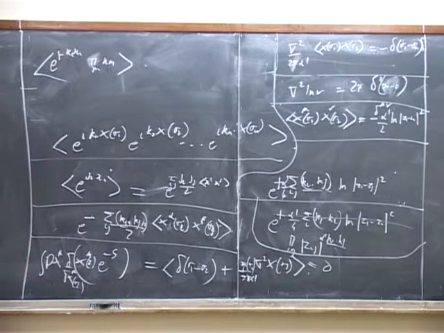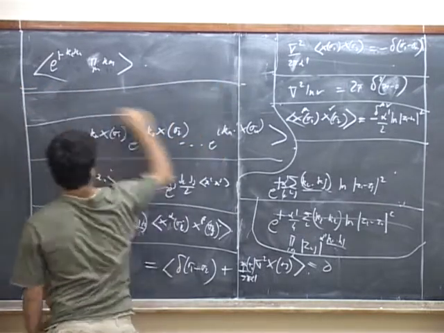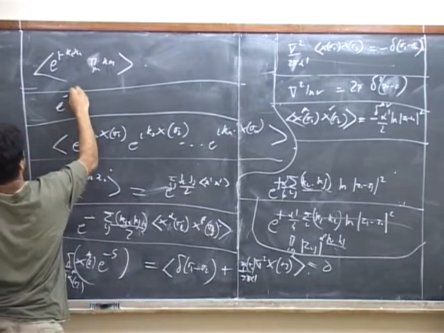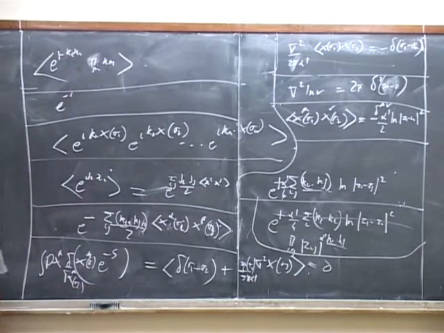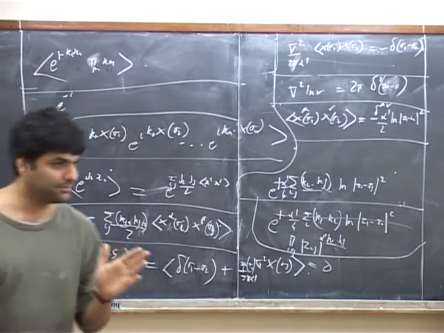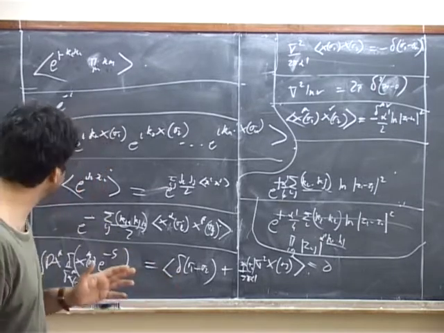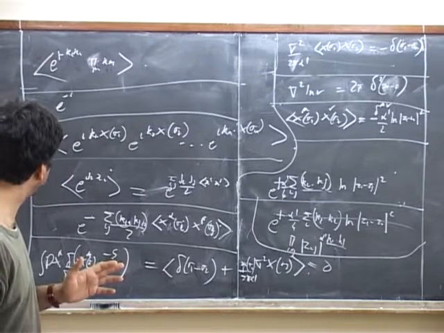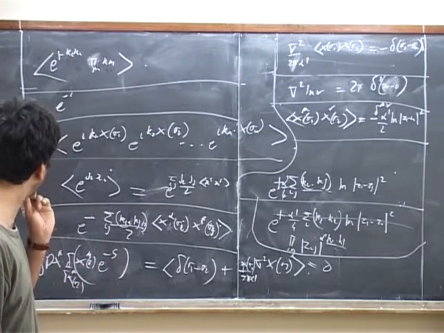Let me give you an example of this, a trivial example, just to make sure you understand what I'm saying. Suppose we wanted to compute e to the power minus j xi.